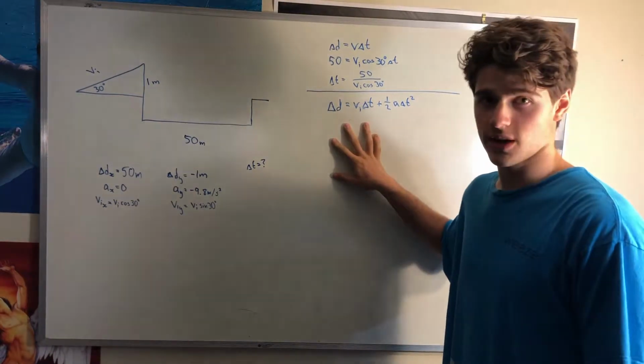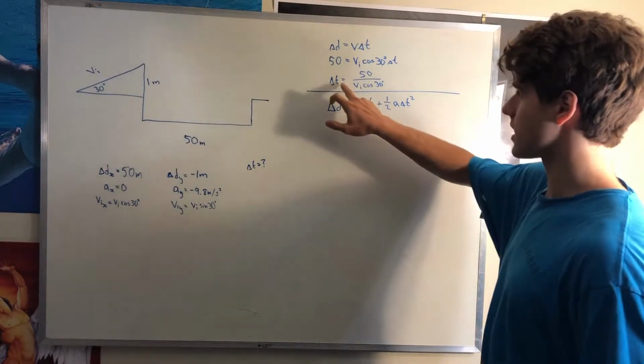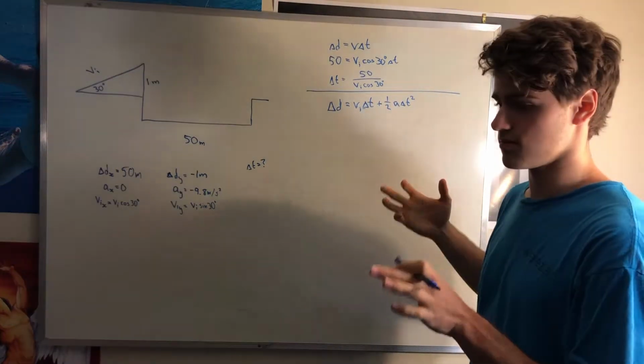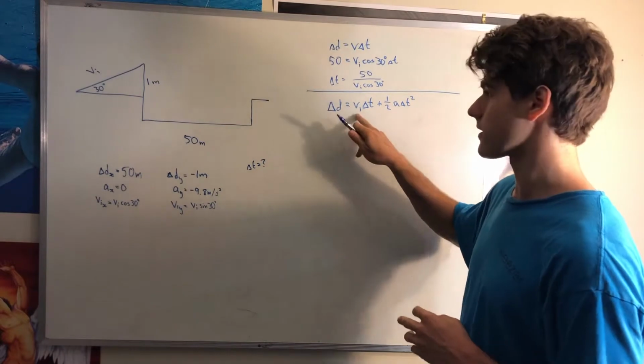All right, this is the equation that we want to use, and now we can sub in our delta t variable for all of these delta t's and solve for vi.